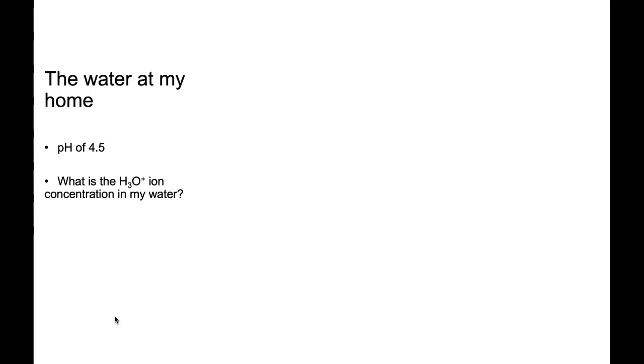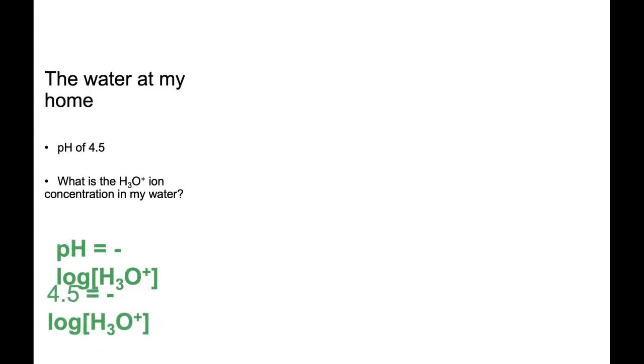You need to be able to look at how many ions are in the solution and calculate the pH. At my house, the pH of our water is 4.5. So how many hydrogen ions or hydronium ions are in my water? What you have to do is remember the equation: pH equals the negative log of the hydrogen ion or hydronium ion concentration. So 4.5 equals the negative log of those ions, and what you're basically doing is an inverse log.